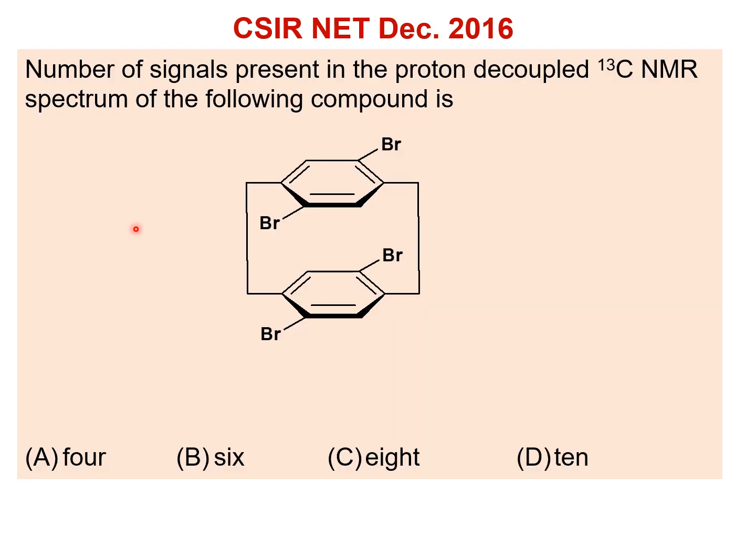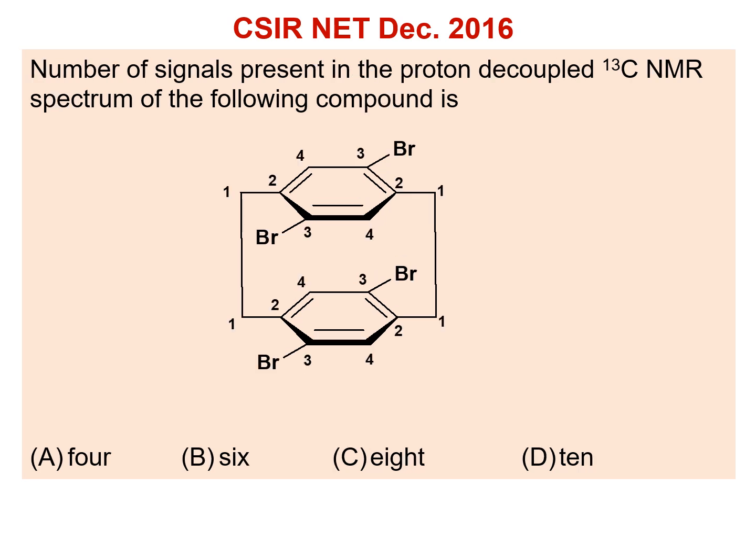With this background, let us see the next example. The number of signals present in a proton decoupled C13 NMR spectrum of the following compound is... 4 options were given. Look at the structure of the molecule and find out the symmetry elements present. The molecule contains 2 mirror planes, one vertical and one horizontal, which divide the whole molecule into 2 equal halves.